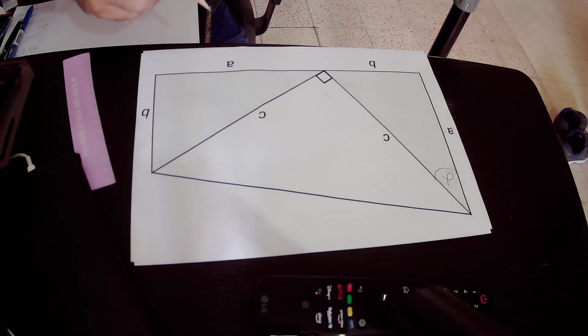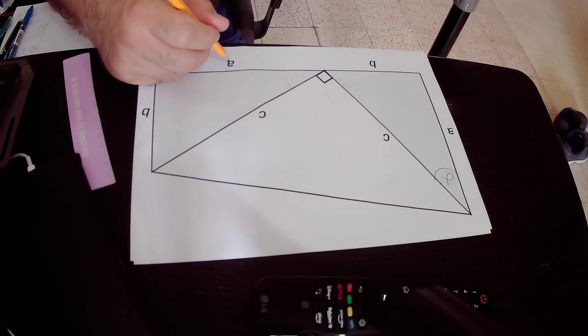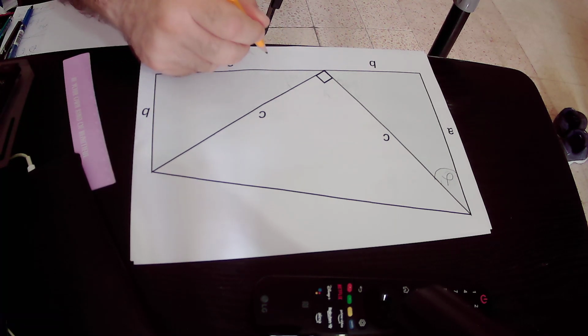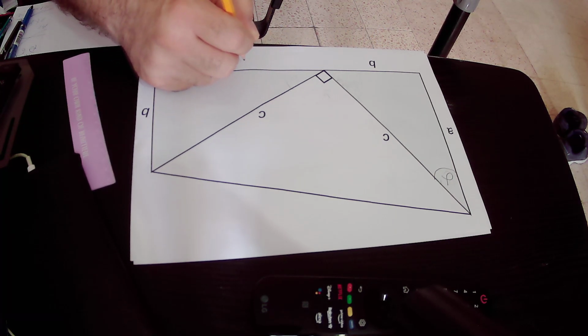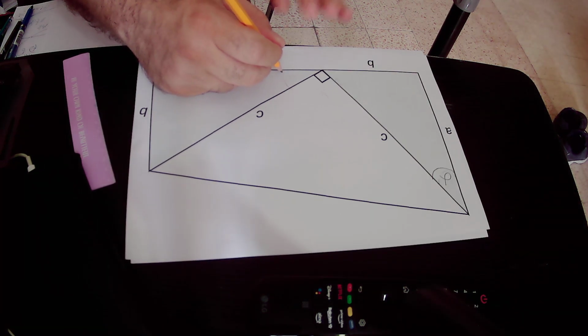And so also here, because these two triangles coincide with each other, the angle between side A and side C will also be alpha, of course.